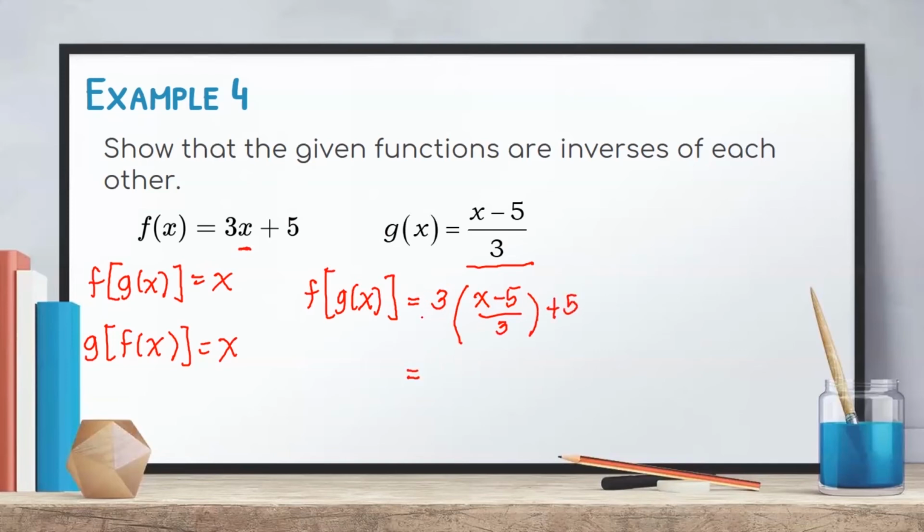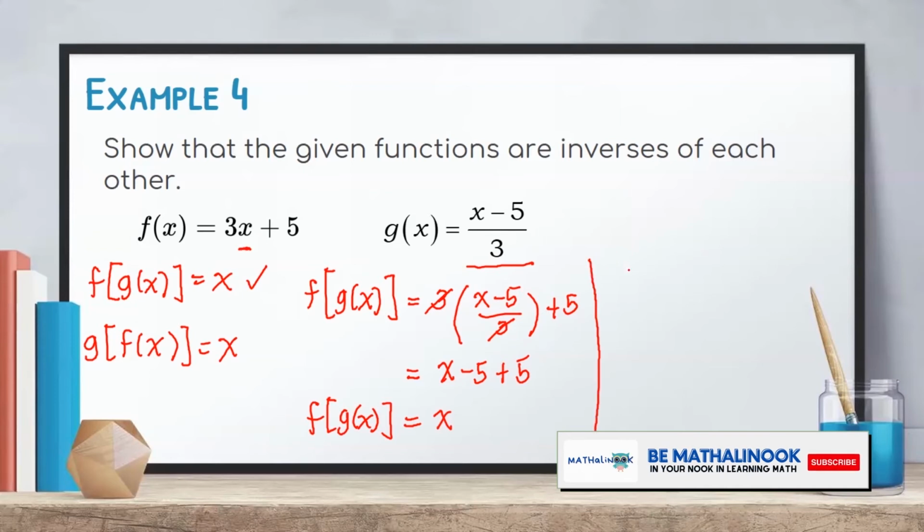Here, since we multiply 3 on an expression with the denominator of 3, we can cancel this out since this will become equal to 1. So we will have x minus 5 plus 5. Simplifying x minus 5 plus 5, it will give us x. So therefore, f of g of x is equal to x. The first condition is being satisfied.